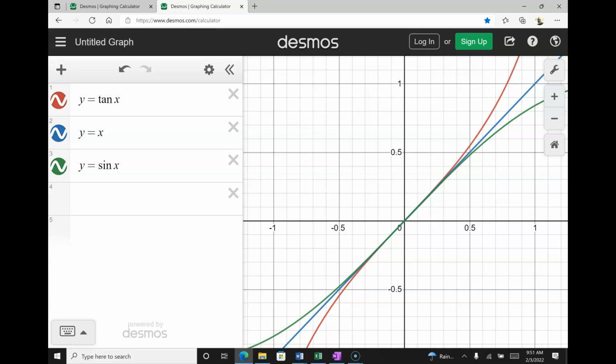The height would be the epsilon, but I want to know if anyone's close to me. That's a delta. So I don't care about some number way out there. I care about close to 0, within delta. So you can see that the red is above the blue, which is above the green. Tangent of x is above x, which is above sine of x.